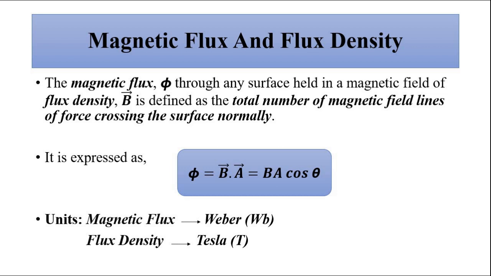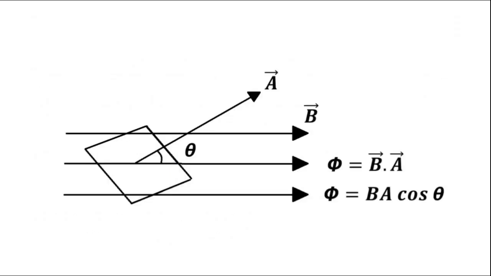Magnetic flux is a measure of the number of magnetic field lines passing through an imaginary area. The magnetic flux can be determined by the dot product of the magnetic flux density B vector, which is magnetic flux per unit area, and the imaginary area vector.